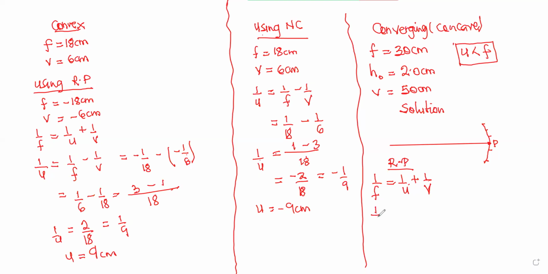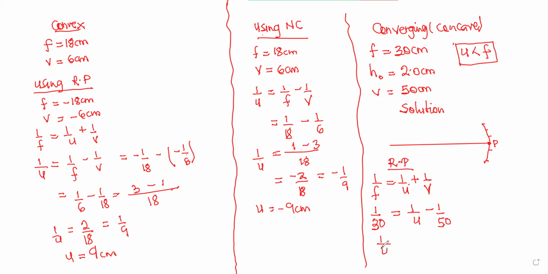So 1 on 30 is equal to 1 over U. U is what we are looking for. Now we are told the image is virtual, so V will be negative. So minus 1 over 50.